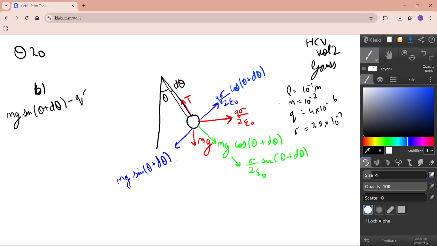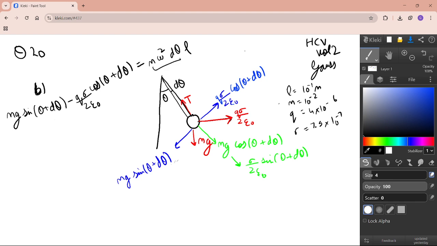Minus q sigma by 2 epsilon naught cos(theta plus d theta) is equal to, okay, I could have written it as omega square x, or x can be written as, since it's a small displacement, d theta times l, where l is the length of the string.